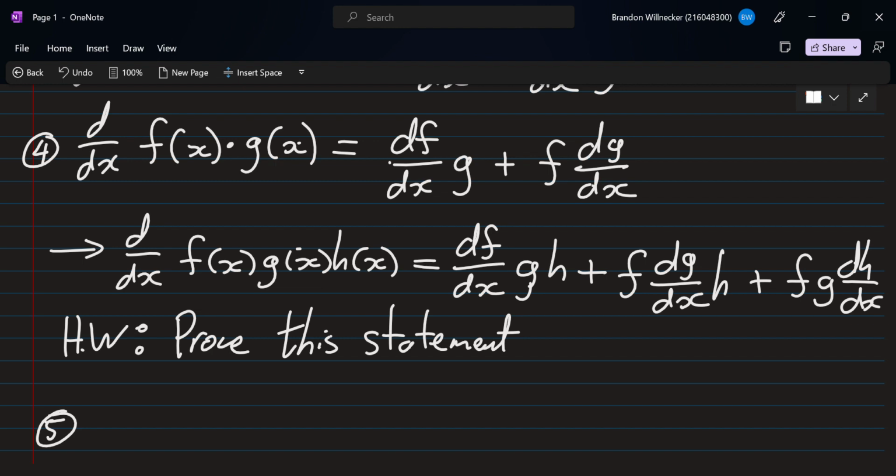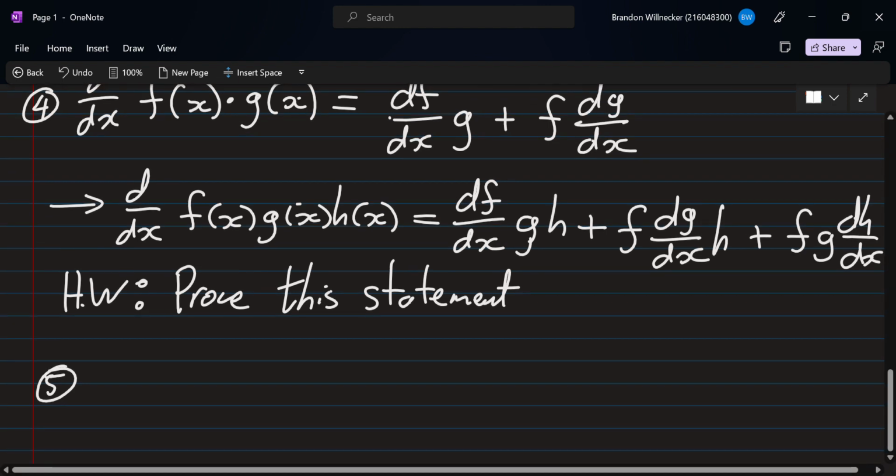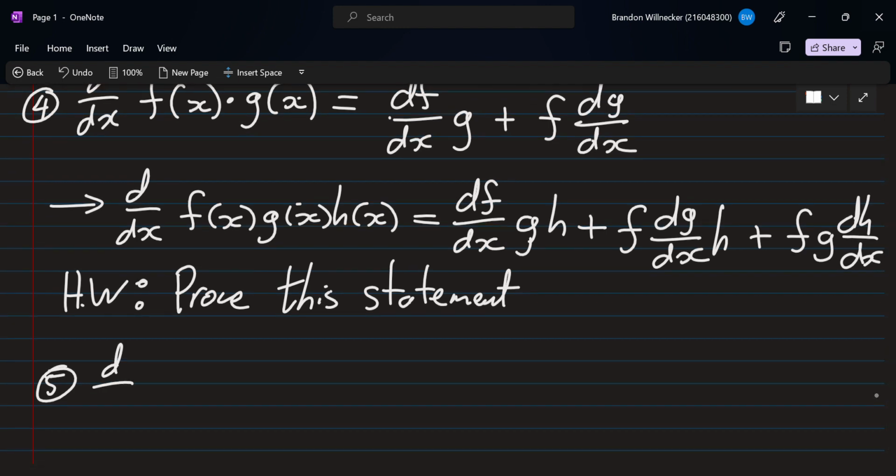Then we have one more, which is the quotient rule. So the chain rule, if we have d by dx of f of g, we have this combination where it's f of g, so they're composed with each other.